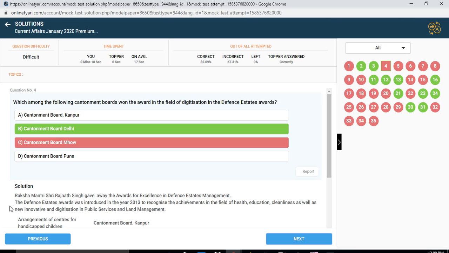The Defense Estates Awards were introduced in the year 2013 to recognize achievements in the field of health, education, cleanliness, as well as new innovations and designations in public service and land management.